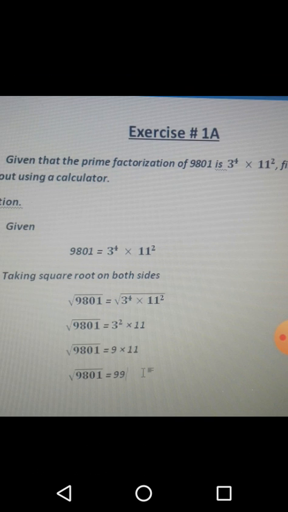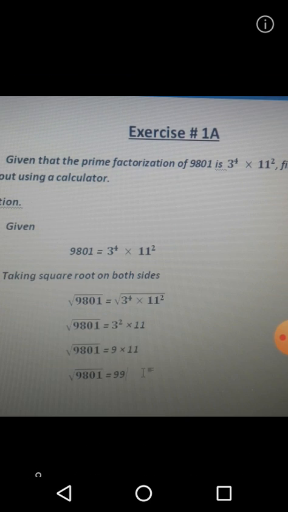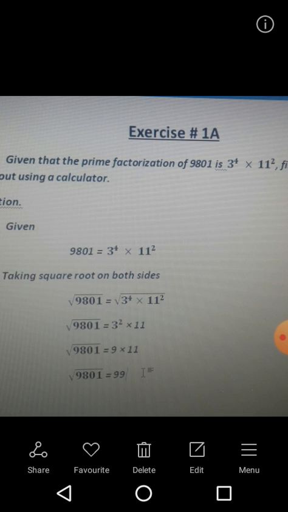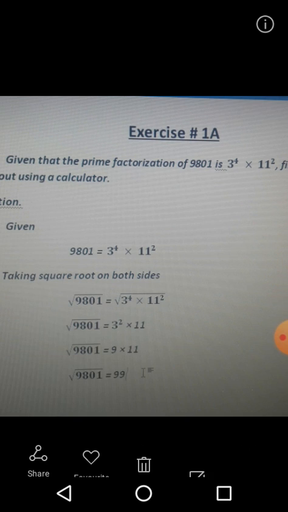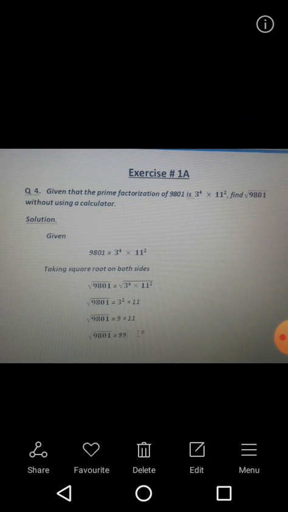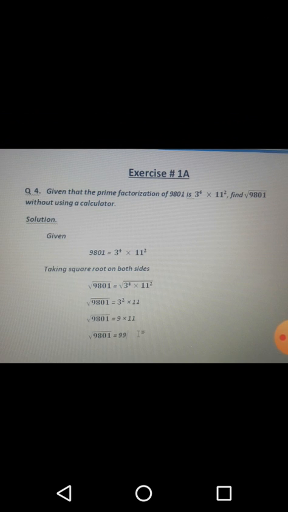Now we will multiply 9 with 11. 9 elevens are 99, which is the answer. As you can see, the square root of 9801 is 99. Now you are able to solve questions related to this statement.